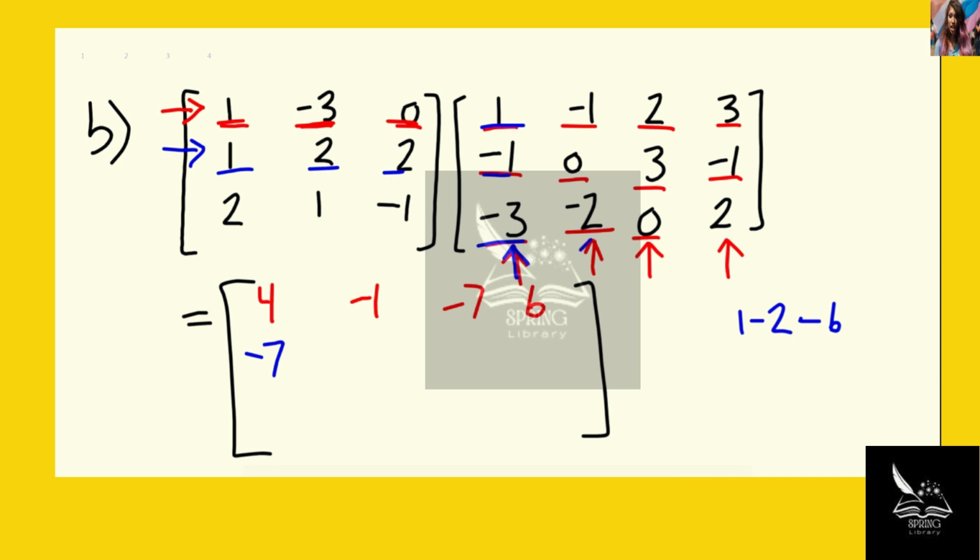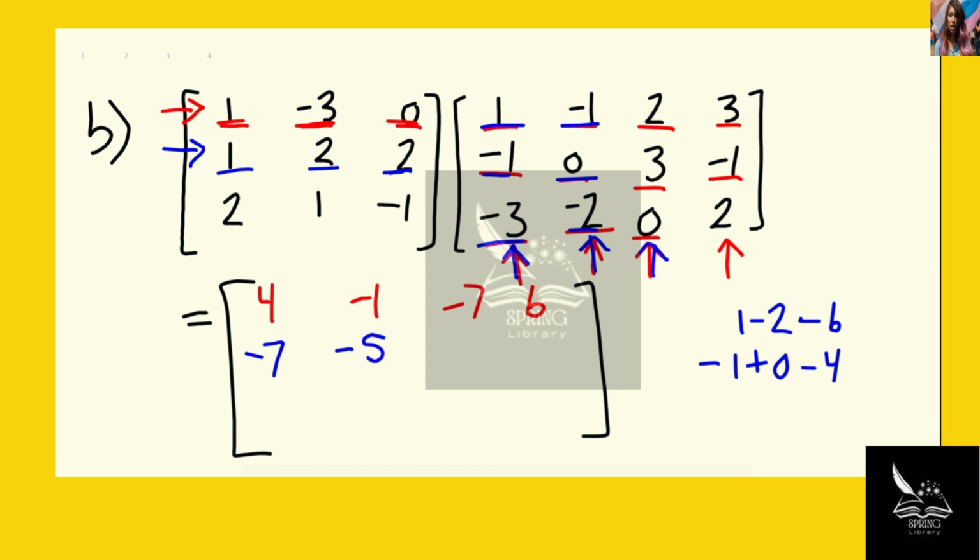Okay, and we stay in the same row, but we move to a new column. So we get 1 times -1, because -1, 0 times 2 is 0, and then 2 times -2 is going to be -4. So that gives us -5.